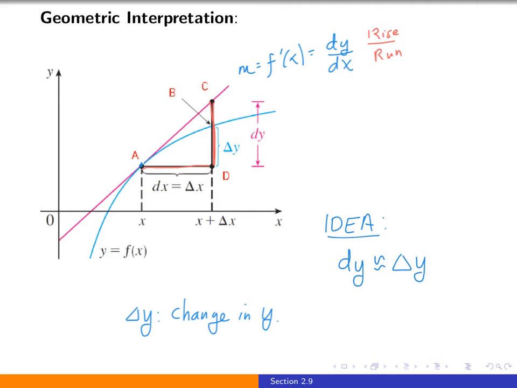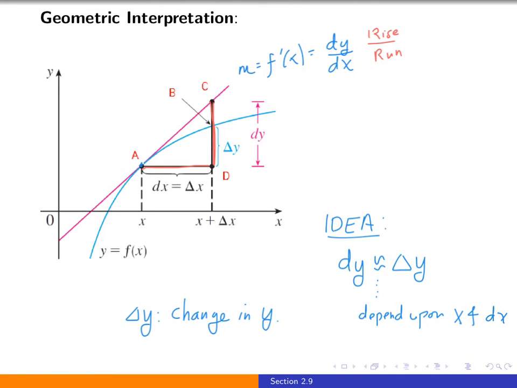And that approximate change in y is going to depend upon an x value, the value where we are at, and it's going to depend upon how we're changing. So it's going to depend upon that differential dx as well.